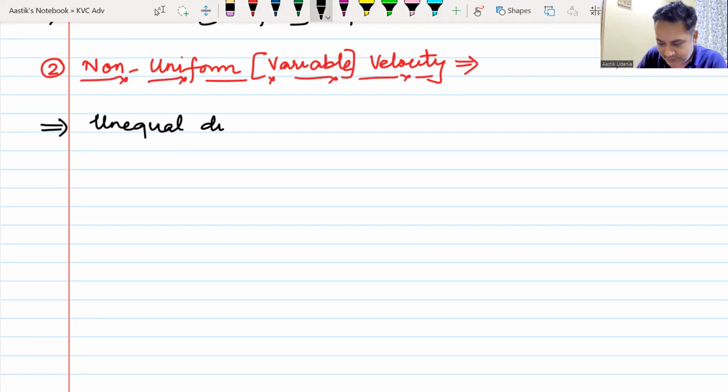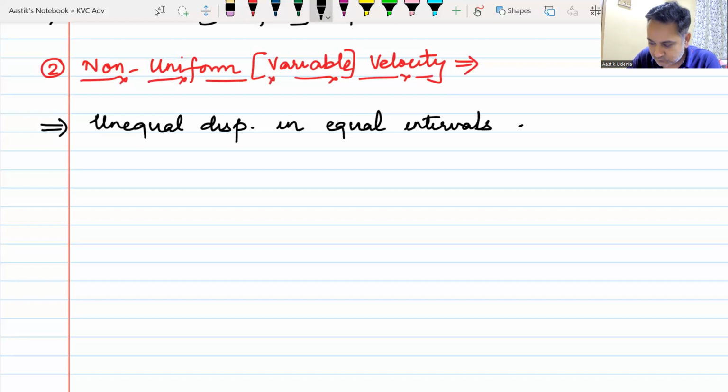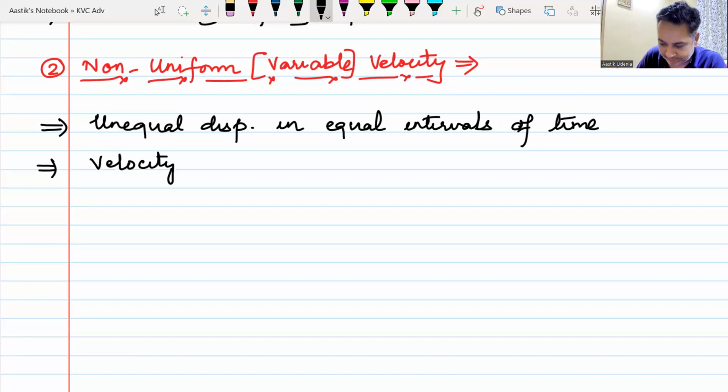The body will cover unequal displacement in equal intervals of time. Or I can say velocity changes with time.